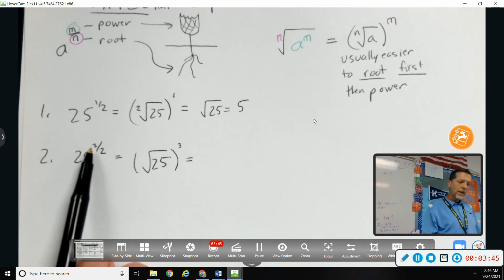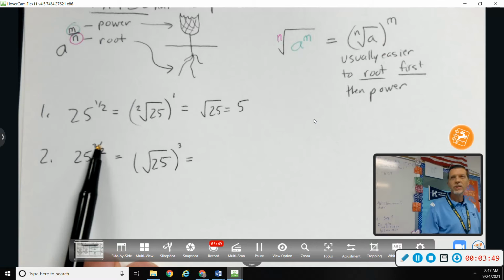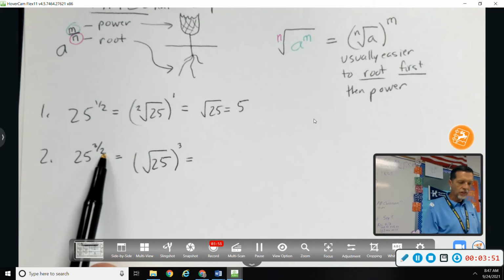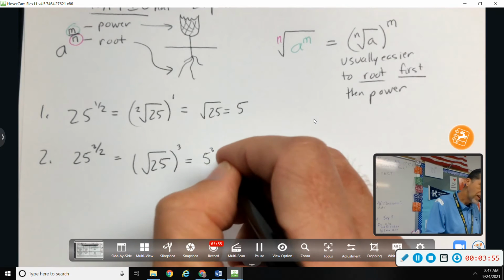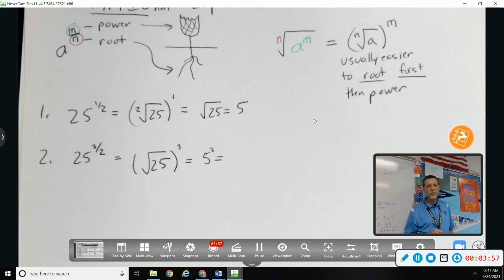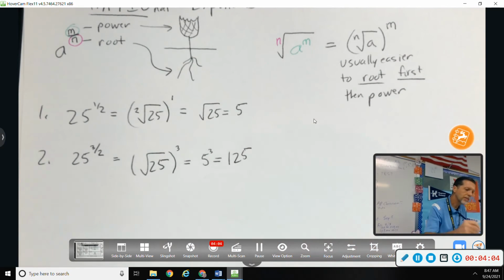I could do the power first, but I really don't want to do 25 cubed. I don't know what that is. I'd rather do the root first because I know the square root of 25. And 5 cubed is a little bit of work. 5 times 5 is 25, and then 5 of those is 125.